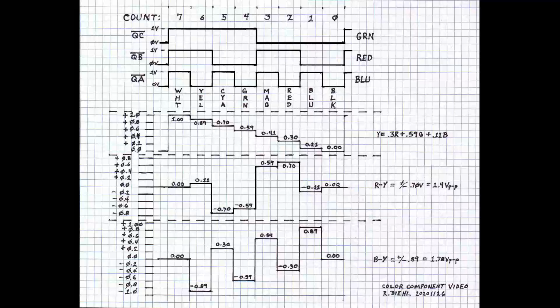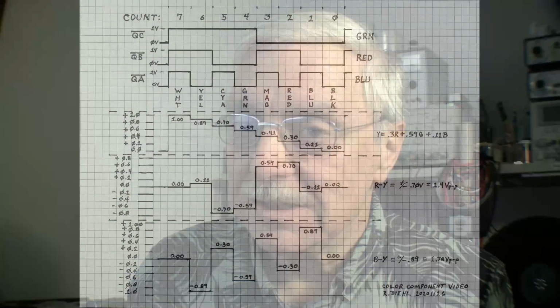This was done in the late 1940s, early 1950s in order to create a compatible color television signal, meaning that it was compatible with black and white televisions, because to introduce color television to the viewing public, you didn't want everyone to throw away millions of black and white televisions that were already in existence.